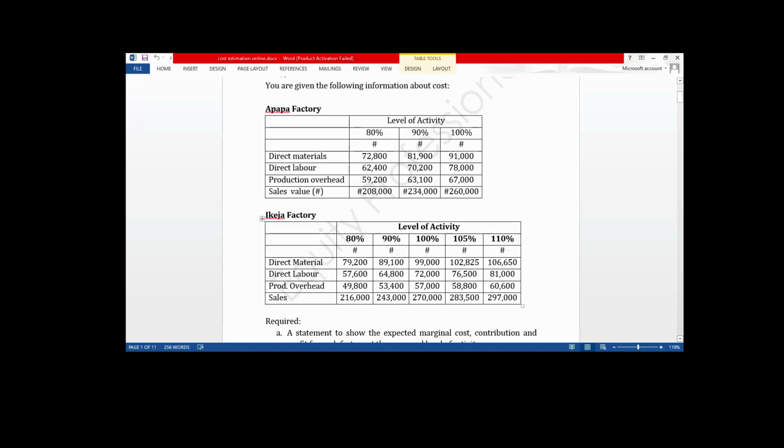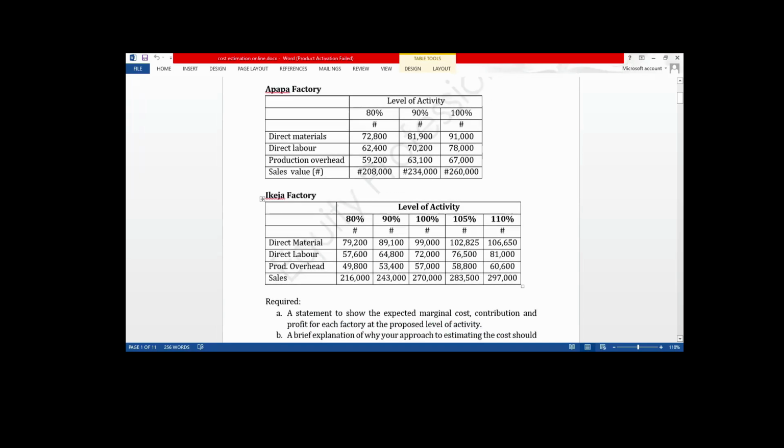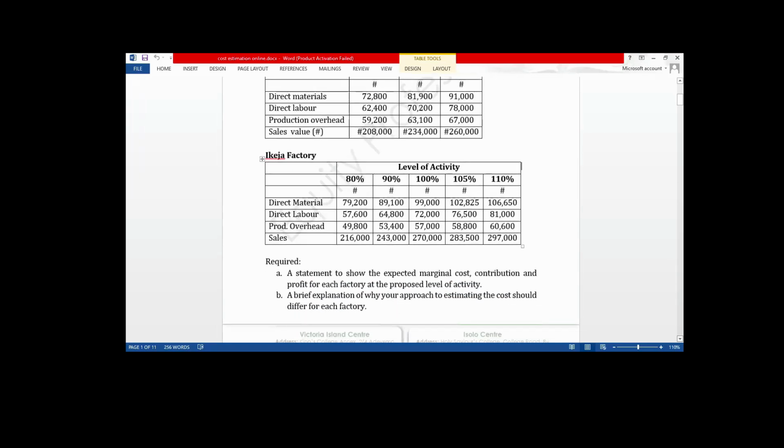We have the material cost at the different levels. We have the labor cost and we have the production overhead. And we are given the sales in Naira amounts.